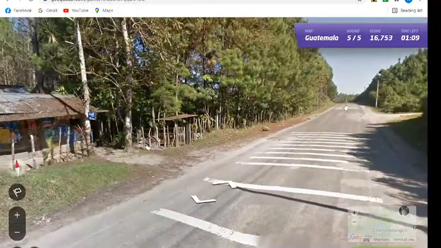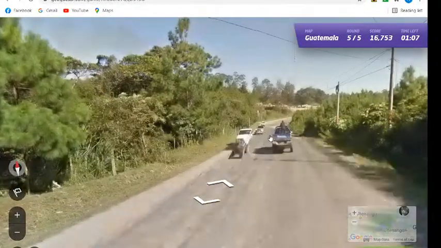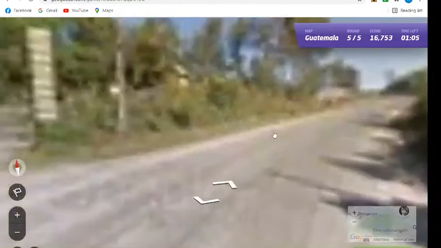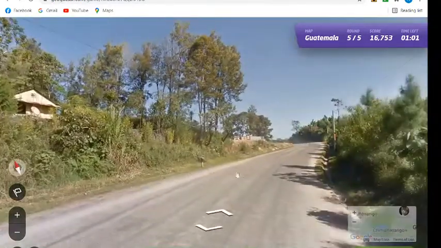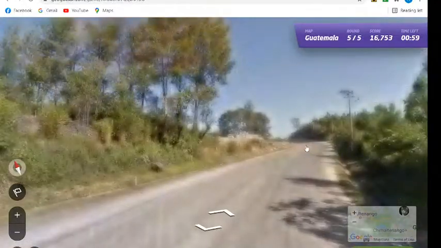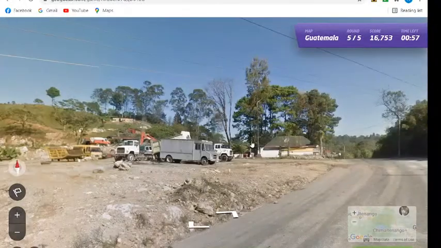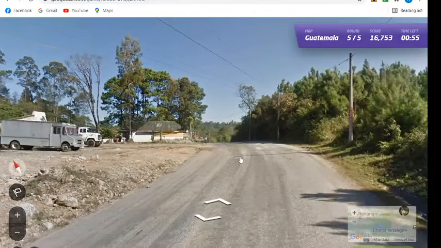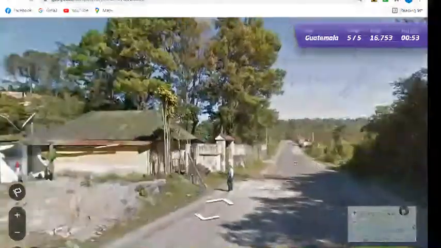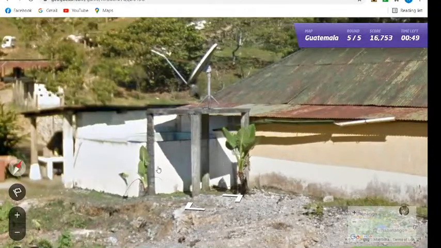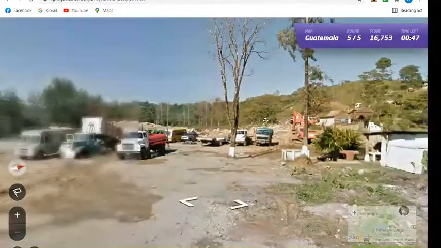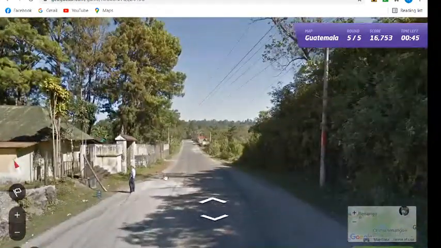Let's see. This isn't flat, right? So I think we're in the highlands somewhere. You'll notice that there aren't a lot of, at least we're not seeing... Oh yeah, there's a banana tree, but there's not a lot of that kind of thing, right?